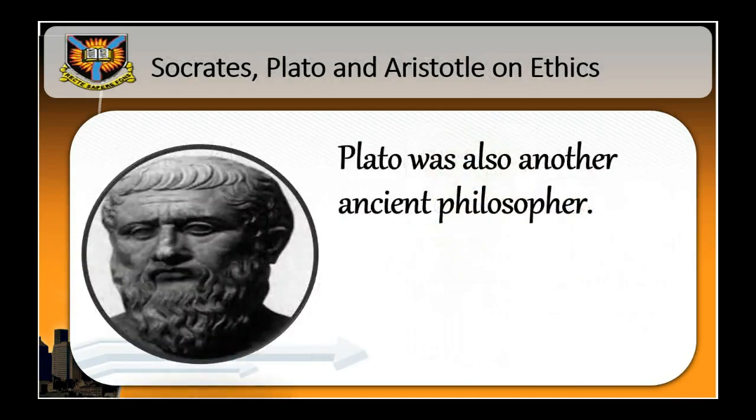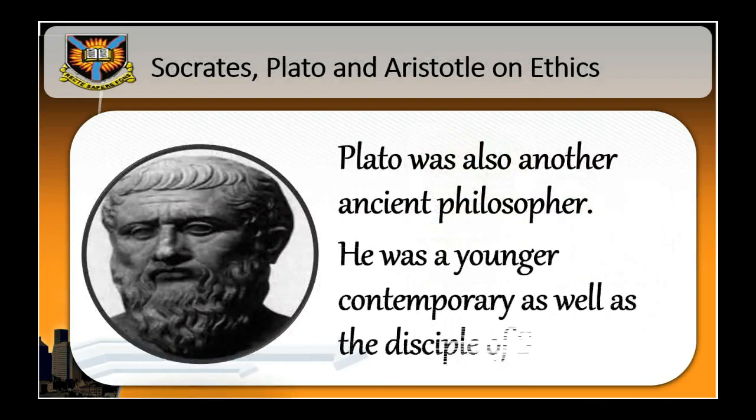Plato was also another ancient philosopher. He was a younger contemporary as well as the disciple of Socrates. Since Socrates left no writing, and since Plato, in all his writings known as Plato's Dialogues, used Socrates as a spokesman, it is difficult to actually know where Socrates' ideas end and where Plato's begin.